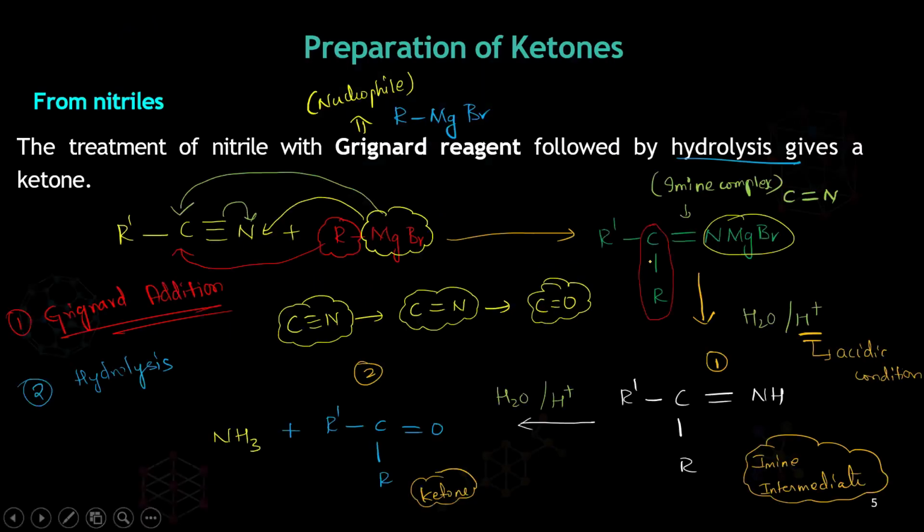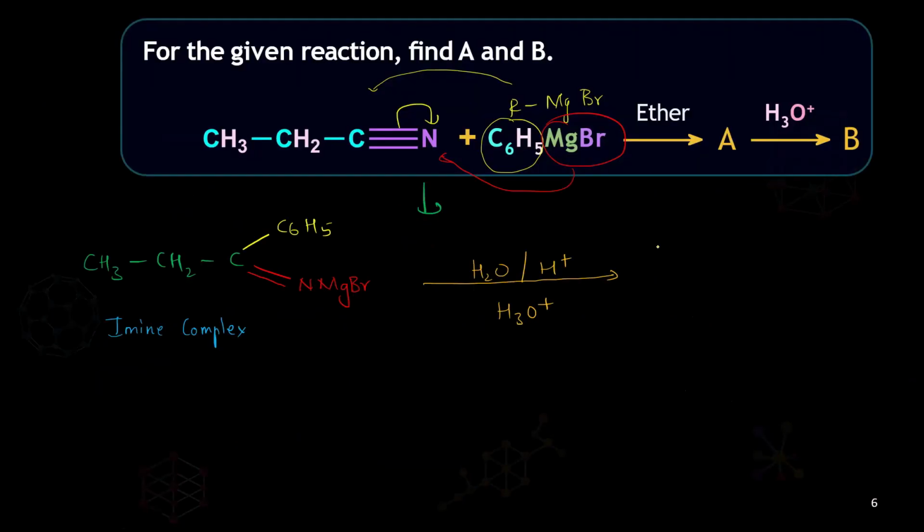See here, it removed all the NH and kept the double bond O, which is nothing but the ketone. So this will be CH3CH2C, which will be C6H5, and then there will be a double bond oxygen, which is nothing but the ketone group. Understood?